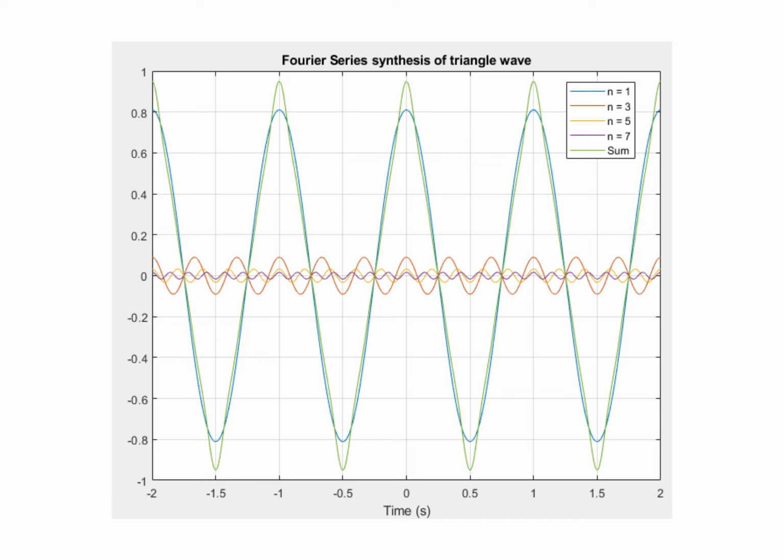I show what happens for the various n's. So first of all, on the blue line, we have n equals 1. So that is a cosine at the fundamental frequency. And we can see there the cosine is going through a complete cycle on this example from -0.5 a second to +0.5 a second.